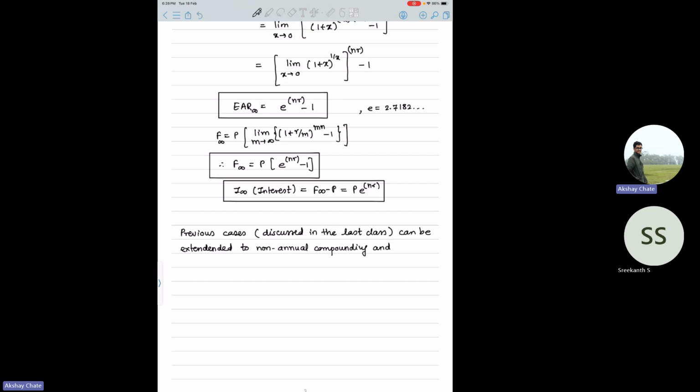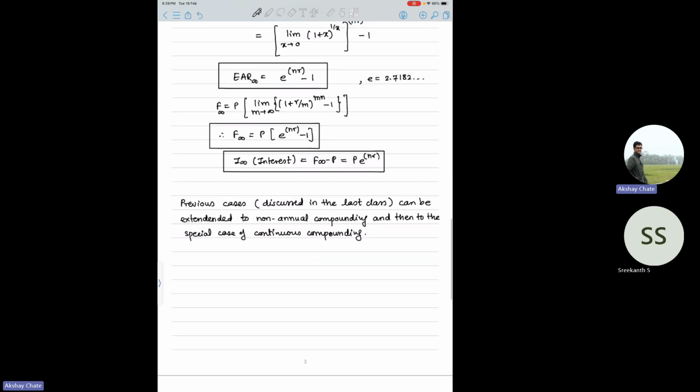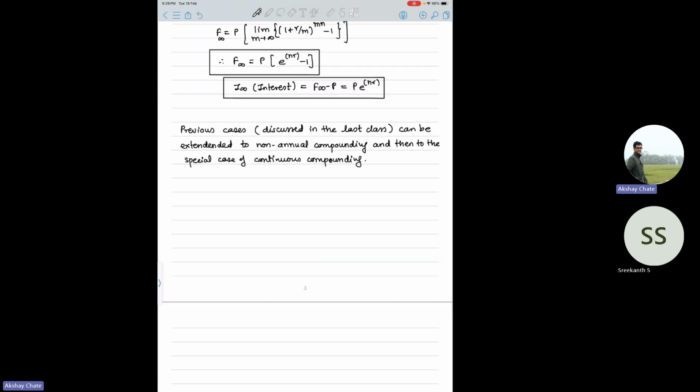So what I mean by that is, as I said in the last class, in all cases we assumed that it's an interest rate compounded annually. Not necessarily, right?